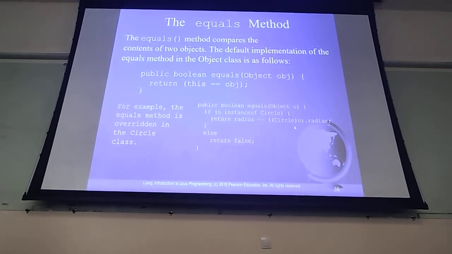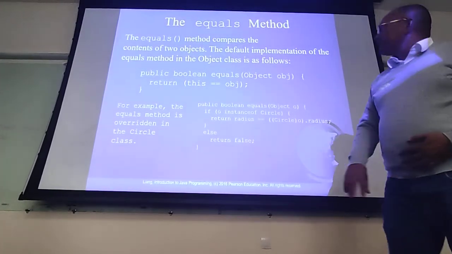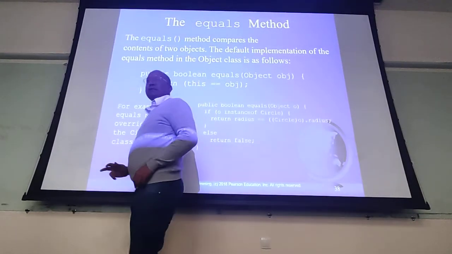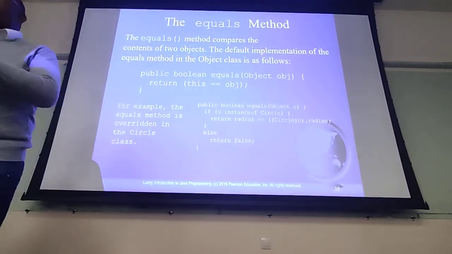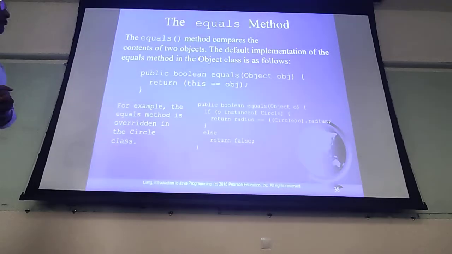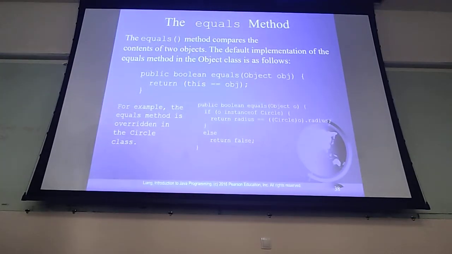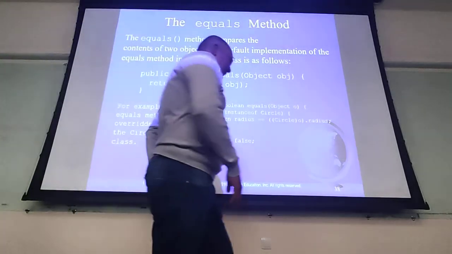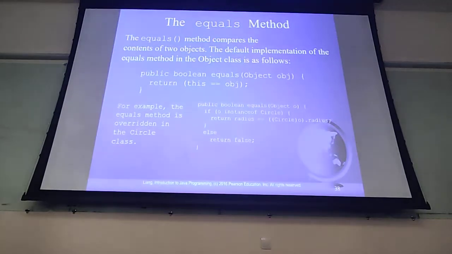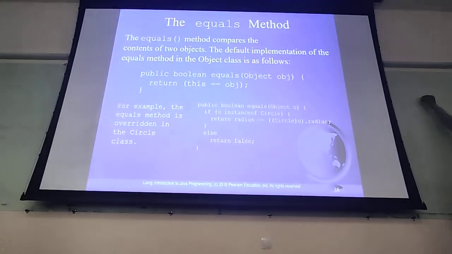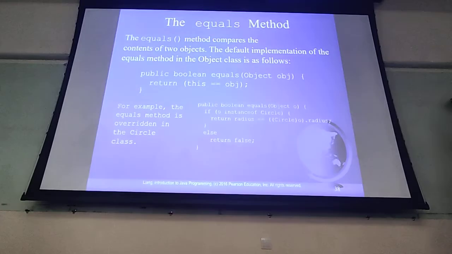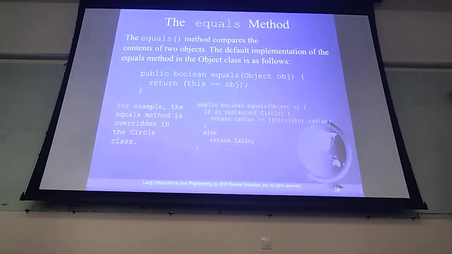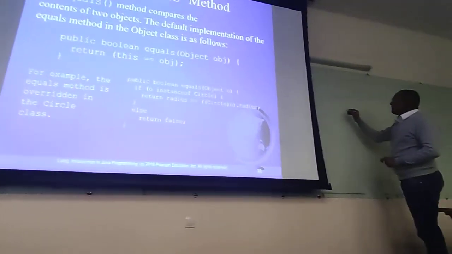So now I am going to explain to you the next method of Object class, that is equals. Equals means what? Compare. Okay. So what does the equals method do? It checks the attribute values of the two objects. Let's see the example. Circle c1 = new Circle(10).